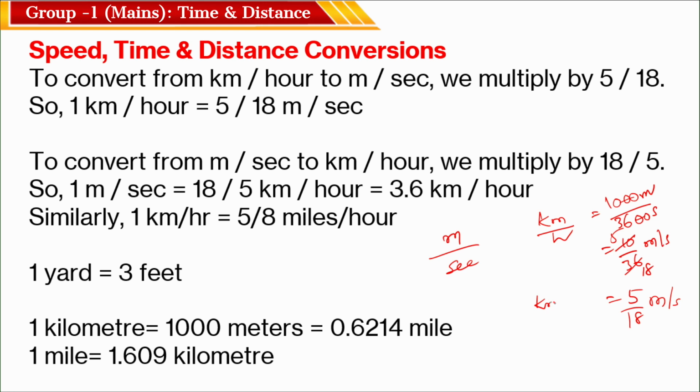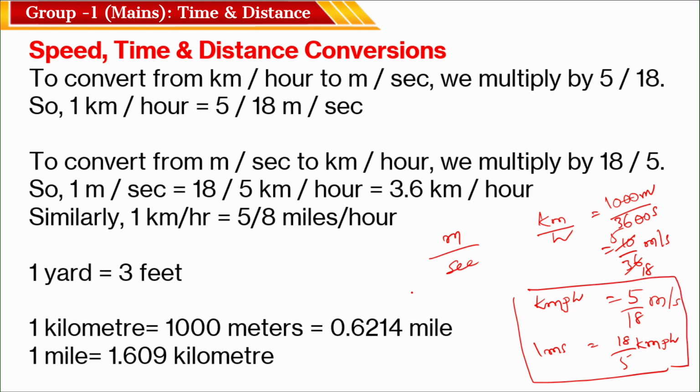So 1 kilometer per hour is equal to 5 by 18 meter per second, or 1 meter per second is equal to 18 by 5 kilometer per hour. This relation is most important. Clear? Or you can say 1 meter per second is 18 by 5, that is 3.6 kmph.